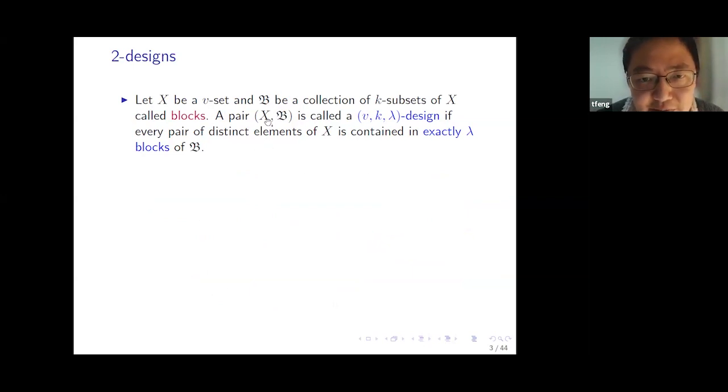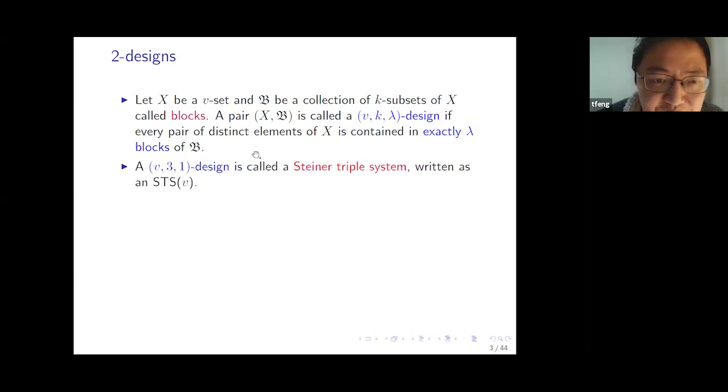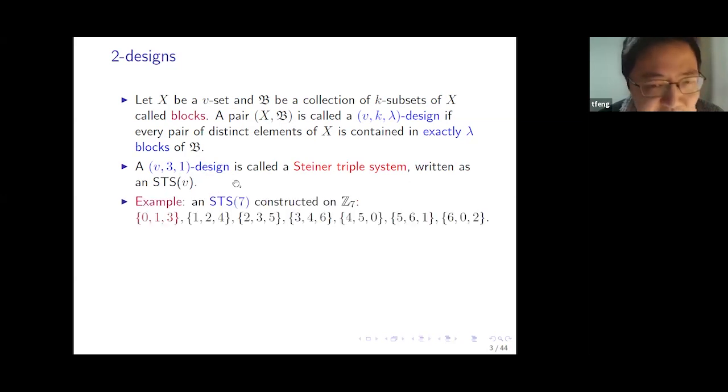A pair (X, B) is called a (v, k, lambda) design if every pair of distinct elements of X is contained in exactly lambda blocks of B. When the block size is 3 and the index lambda is 1, a (v, 3, 1) design is called a Steiner triple system and written as STS(v).